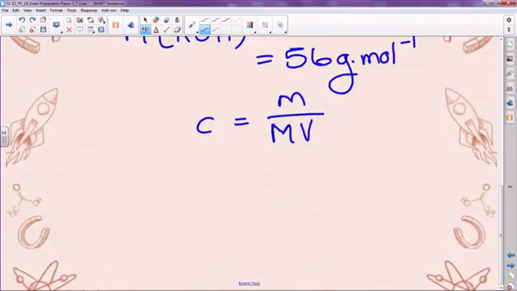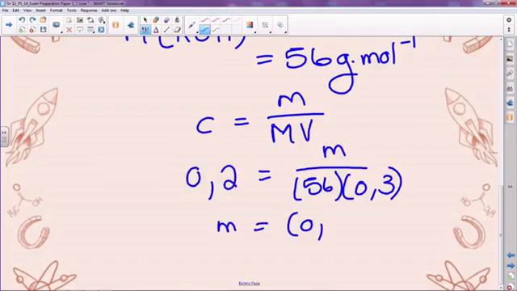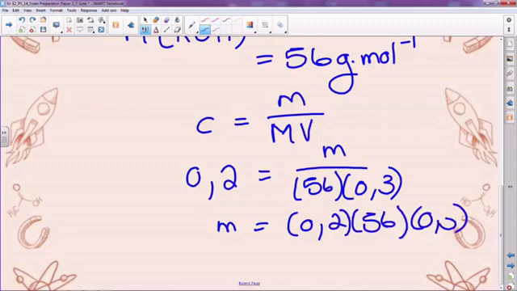The concentration they told us was 0.2. We want little m. The molar mass is 56. We know the volume's 0.3. So my mass is going to be 0.2 times 56 times 0.3, which gives me 3.36 grams.